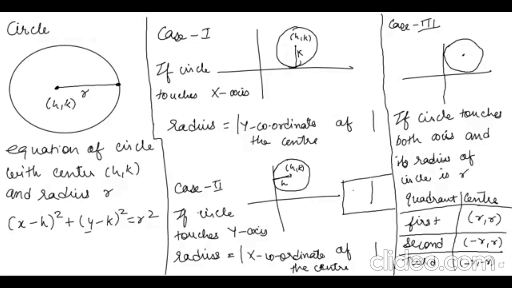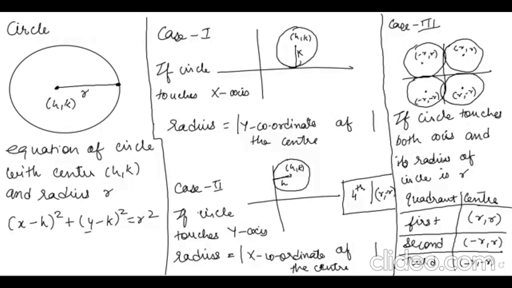And if my circle is in the fourth quadrant, like this, then the center will be (r, minus r).